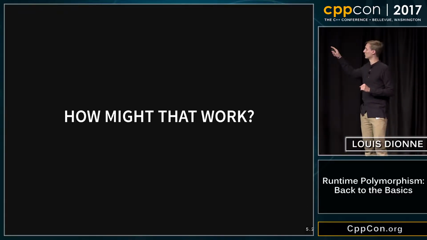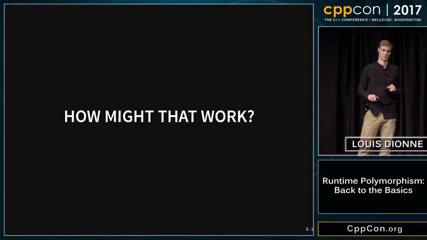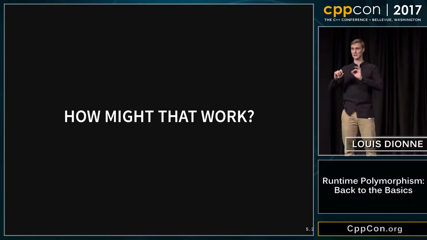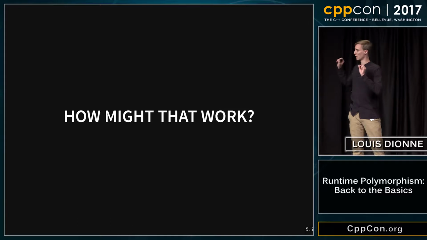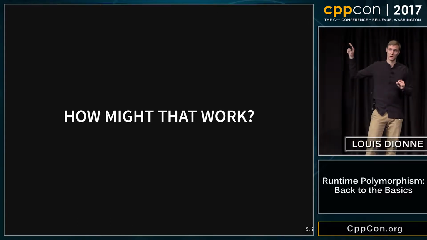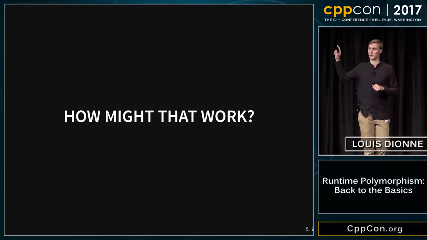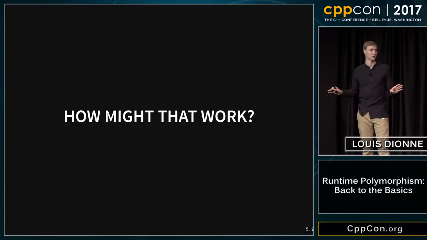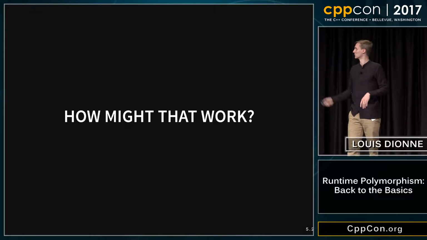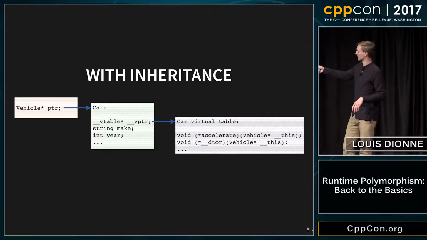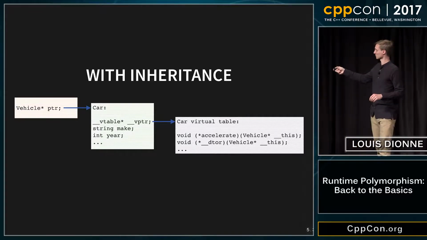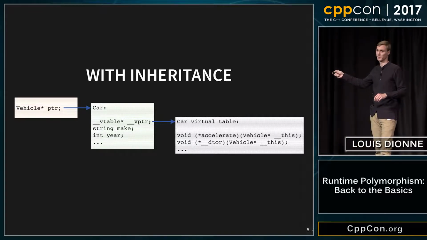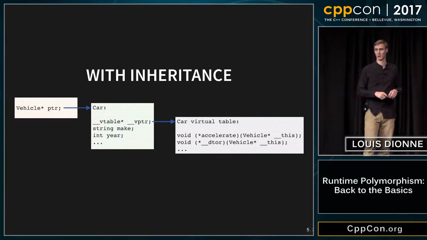So this talk is going to be about how we can achieve this. The whole talk is only going to be about different ways of implementing this imaginary interface keyword, or rather the imaginary vehicle type that it generates. This is the only thing we're going to do. With inheritance, like I said, you basically have a pointer to a derived type, and then you have a pointer to a vtable in there.